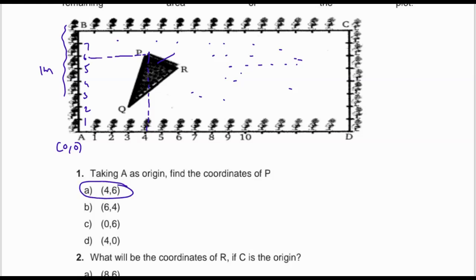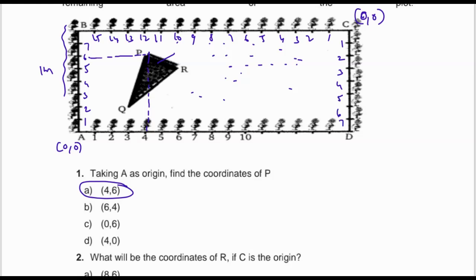Then moving on, the next question is, what will be the coordinate of R if C is the origin? If you take C as origin, 0 comma 0, so here it will become 1 2 3 4 5 6 7 8 9 10 11 12 13 14 15. Here this will become 1 2 3 4 5 6 7.